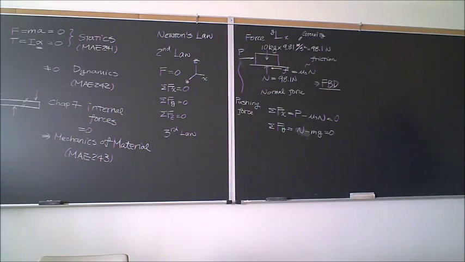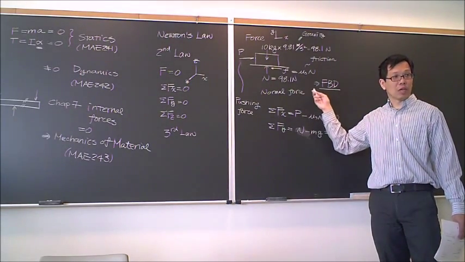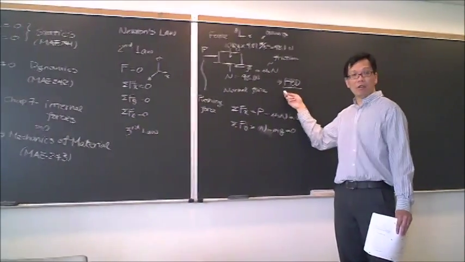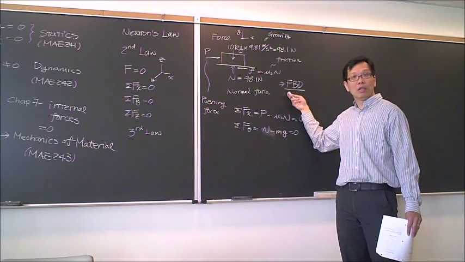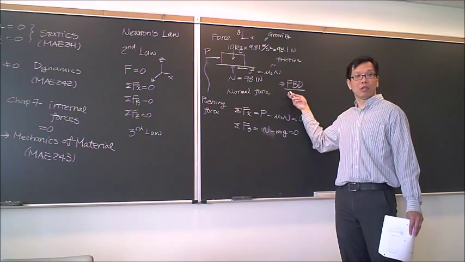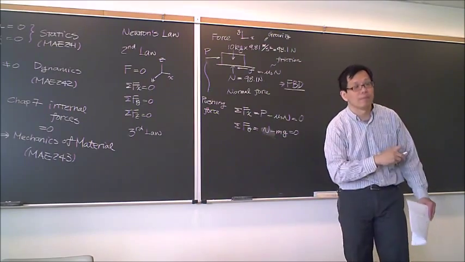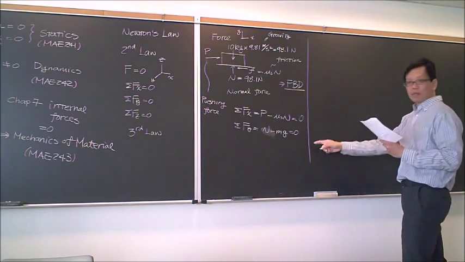Keep in mind, you will need to put this thing when you are doing your exam, your homework, your quiz. If you fail to do free body diagram on the paper, if it's required, normally it's going to be 1/3 of the points you need to have in your problem. Okay? That's something you need to know.